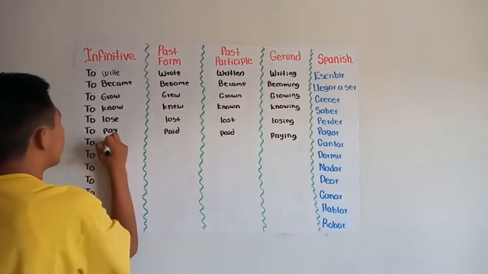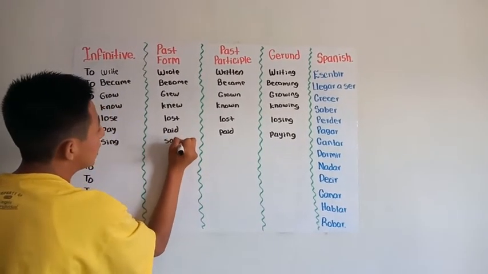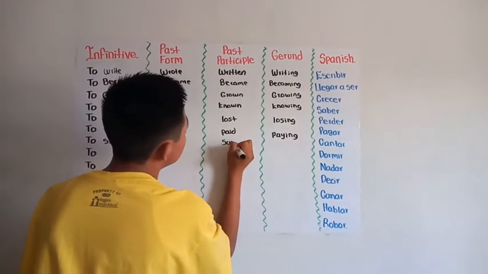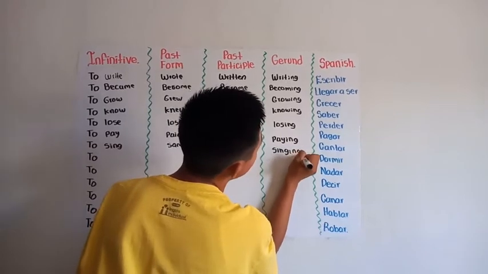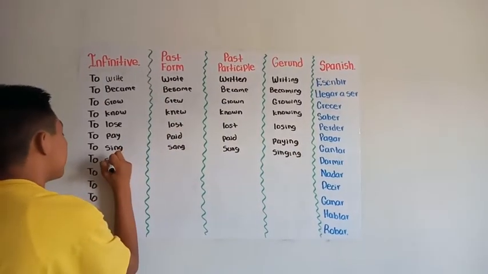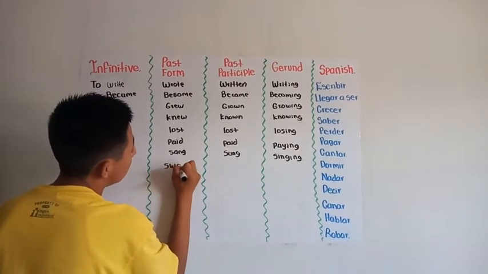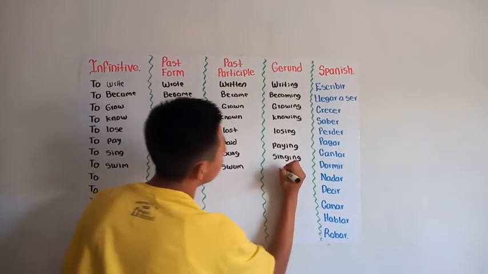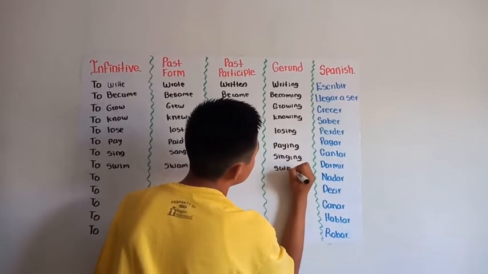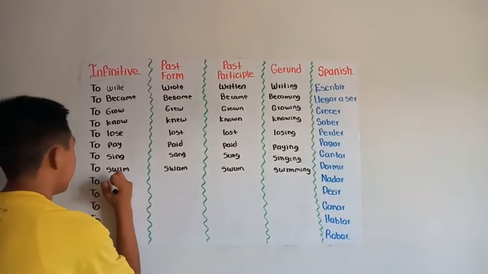Cantar, to sing. Sang, sung, singing. Nadar, to swim. Swam, swum, and swimming. Decir, to tell.